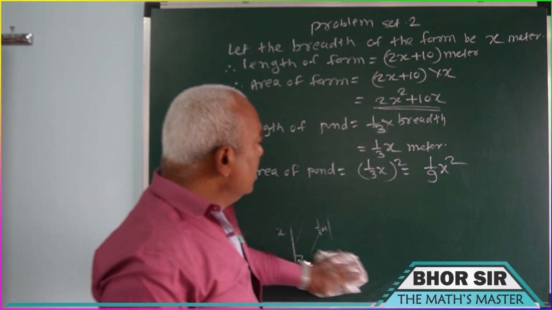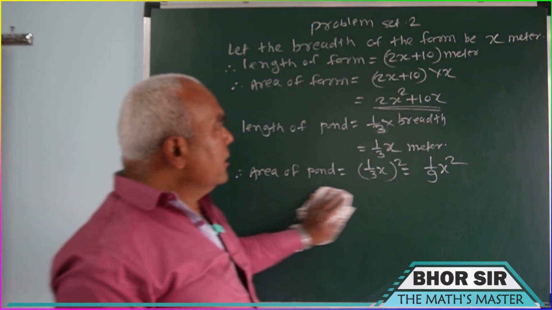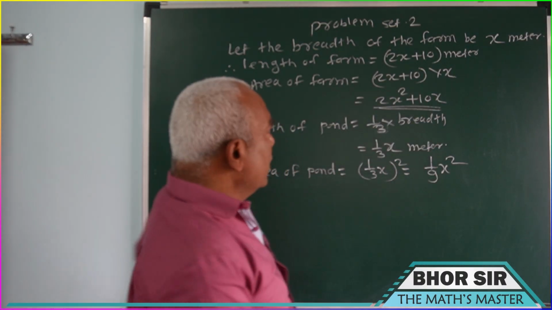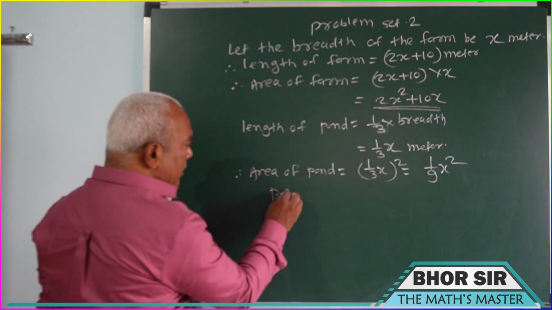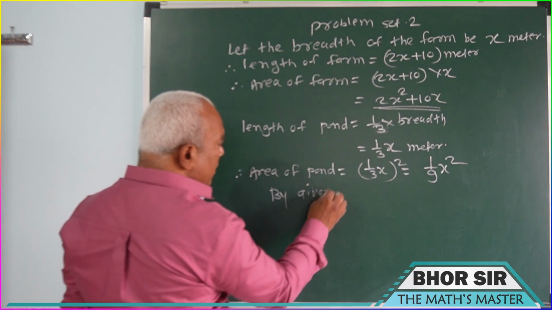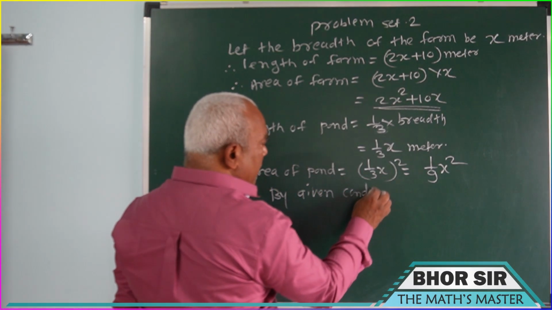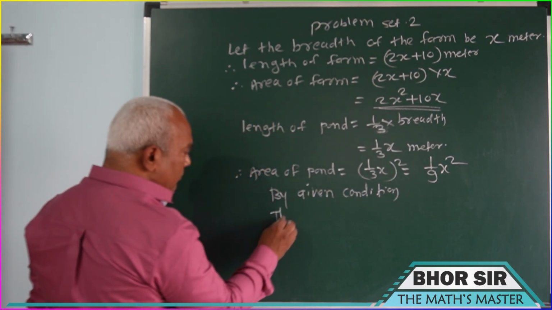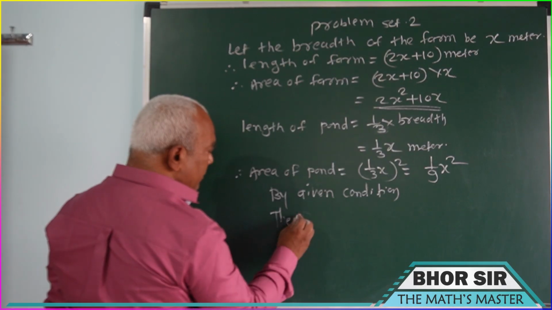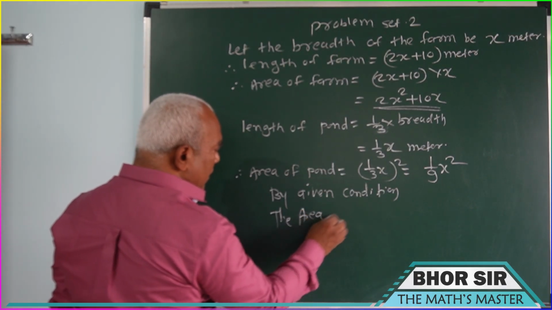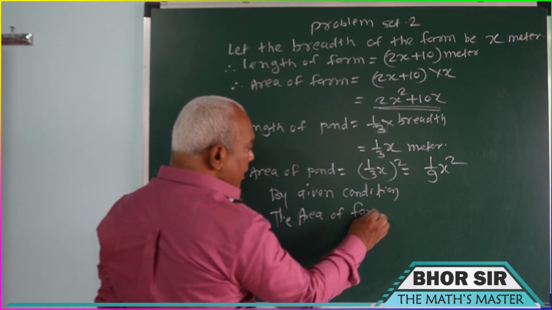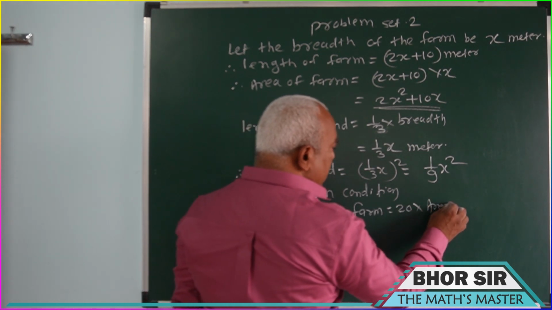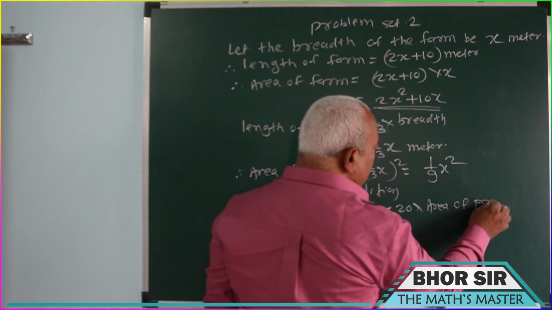Now, what is the condition? The condition given is that the area of farm is 20 times the area of pond. By the given condition, area of farm is equal to 20 into area of pond.